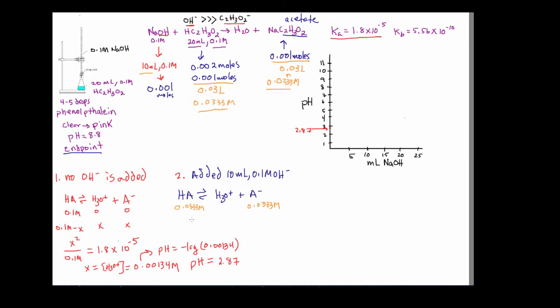Setting up our equilibrium expression, we're going to have x times 0.0333 in the numerator divided by 0.0333 in the denominator, and this is equal to the equilibrium constant, which is 1.8 times 10 to the minus fifth. So our x value here is equal to the H3O plus, which happens to equal directly the value for the equilibrium constant, or the Ka.